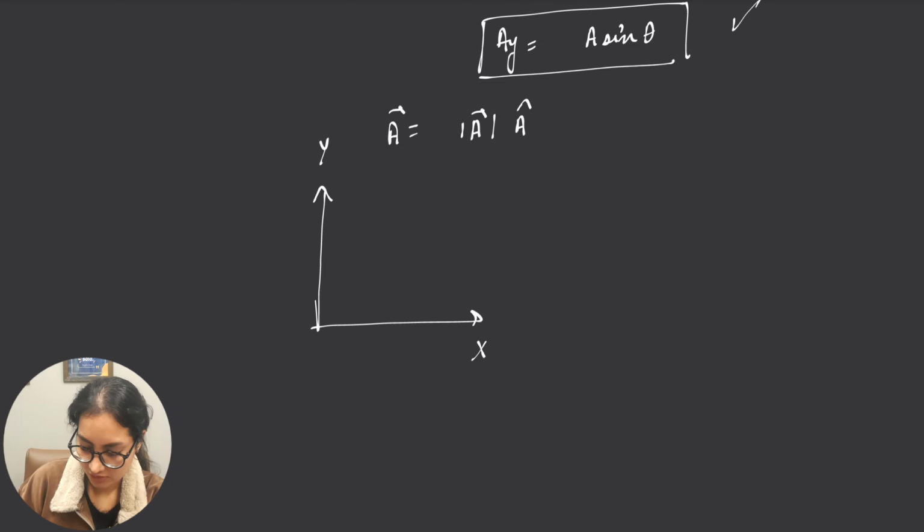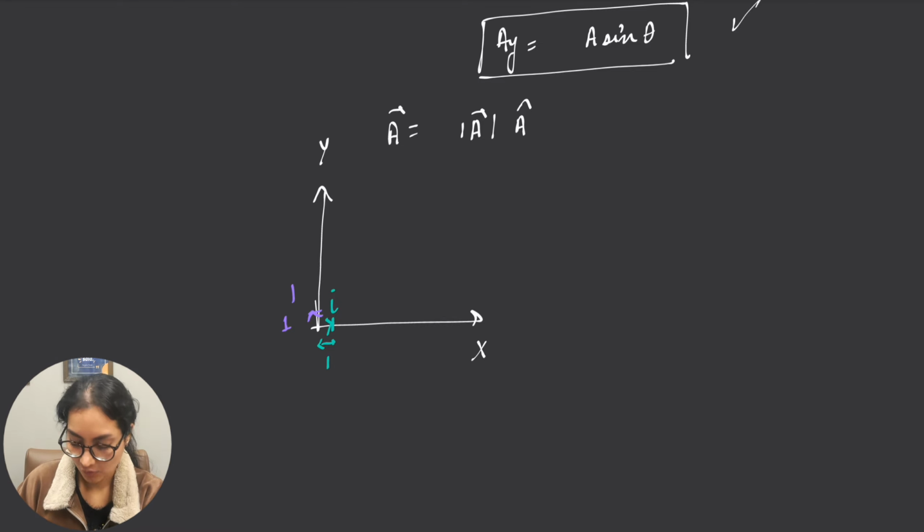In the x direction, the unit vector, which has magnitude 1 and is along the x direction, is called i cap. Similarly, in the y direction, the unit vector along y is called j cap. And in the z direction, the unit vector is k cap.